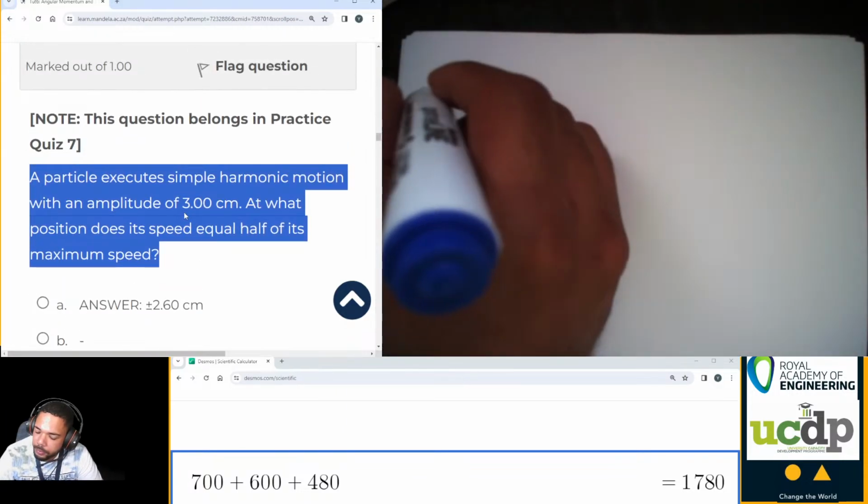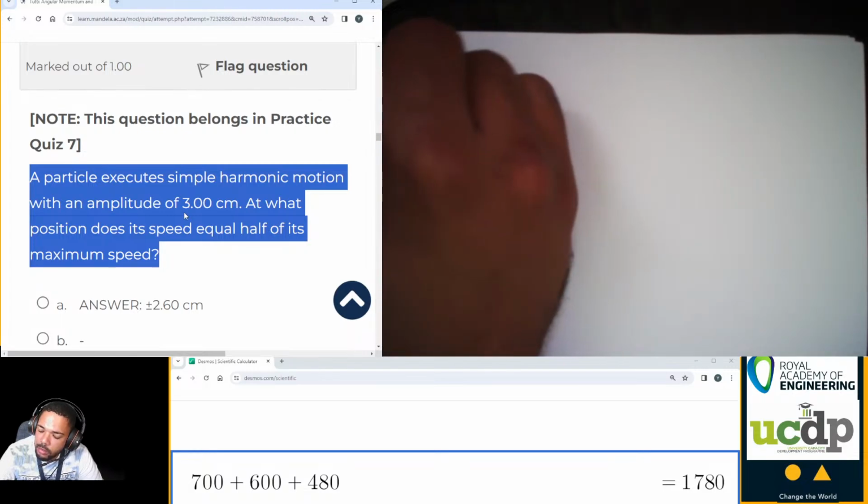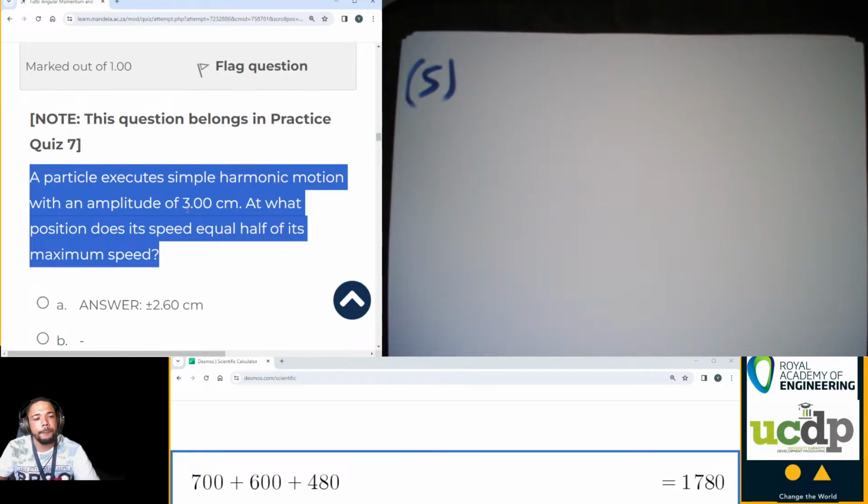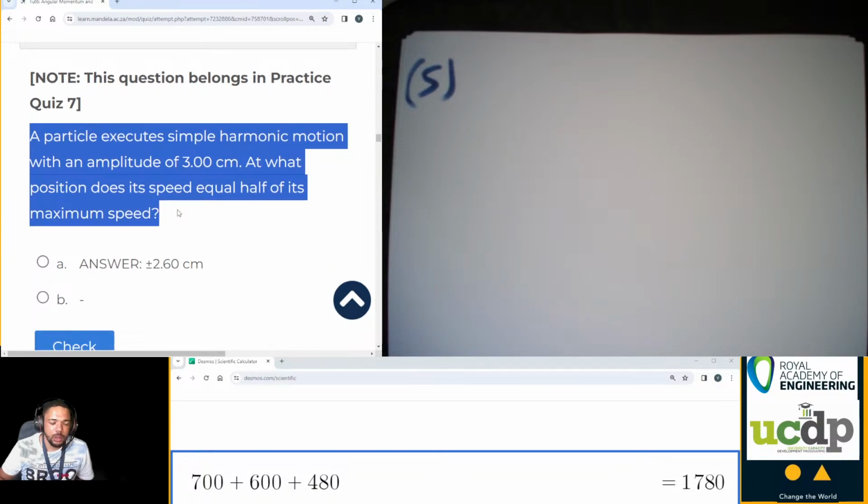Okay, so problem number 5. A particle executes simple harmonic motion with an amplitude of 3 centimeters. At what position does its speed equal half its maximum speed?